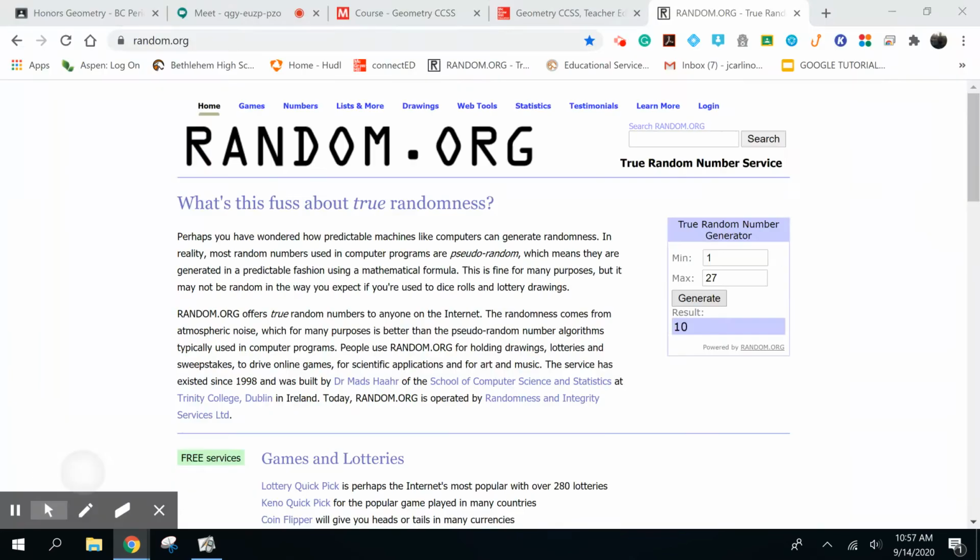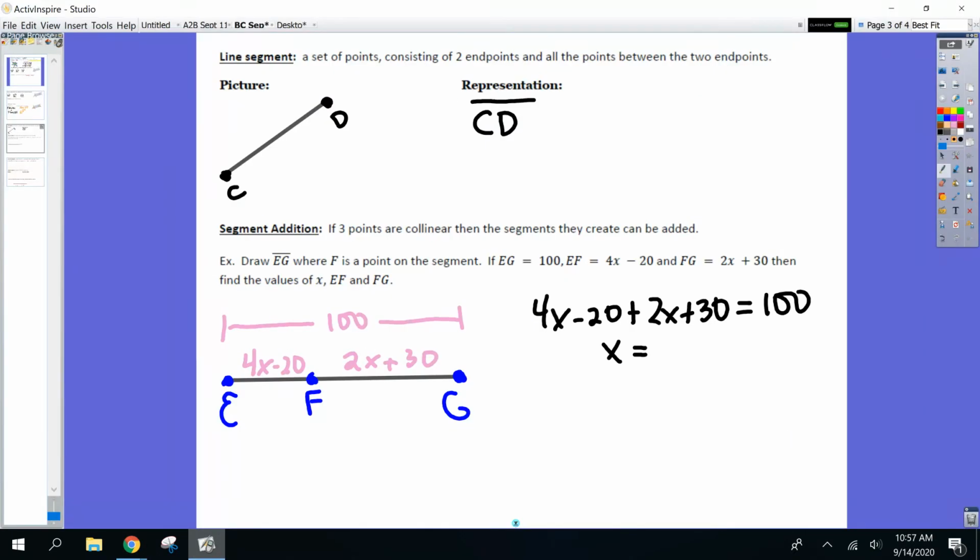If you're not done yet, just take your time. Here we go. Yes, Audrey, go ahead when you're ready. X equals 15. X equals 15. Good work.